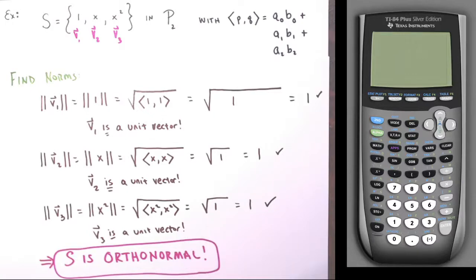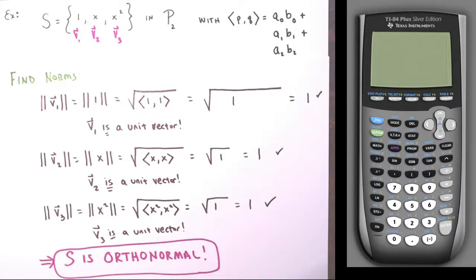And then, like with my first example earlier, if you have an orthogonal set that is not orthonormal, but you'd like to transform it into a set of vectors that is orthonormal, you just simply normalize each vector. You multiply each vector in the orthogonal set by the reciprocal of its norm, and that'll give you a set of vectors that is orthonormal.